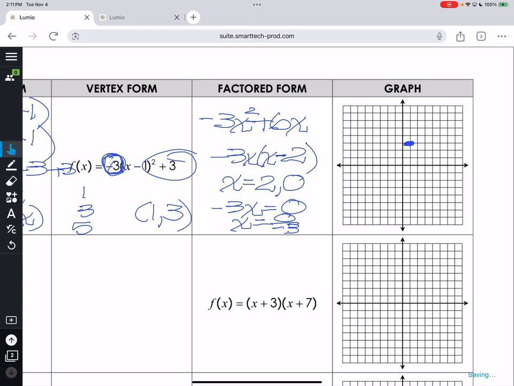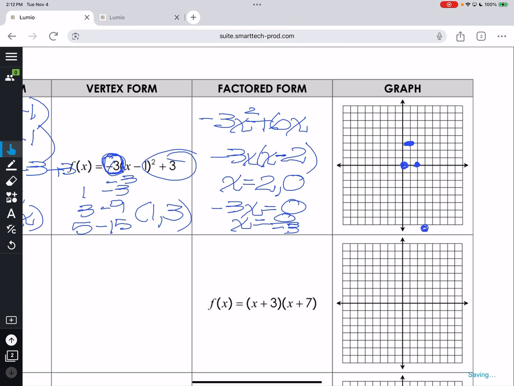Because you know it's just going to be going down, we'll have a -3, a -9, a -15. We won't use the 15. So we start here and we go over 1 and then down 3. Over 1, down 9. And it takes us off the graph.